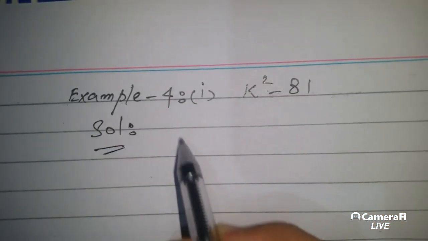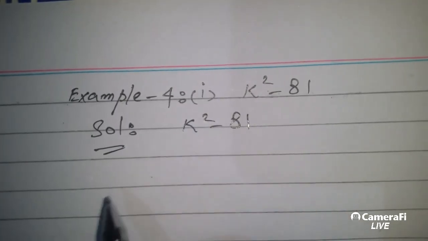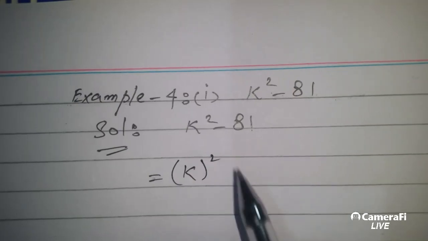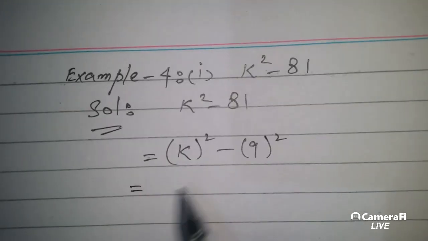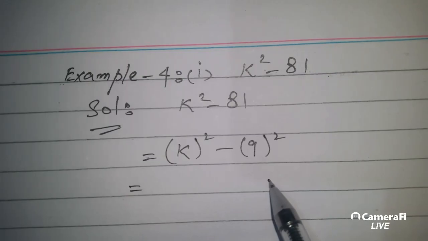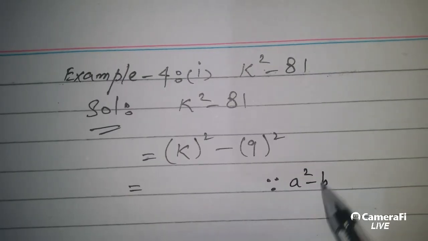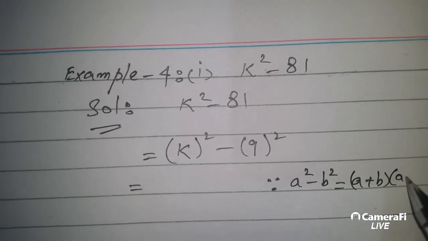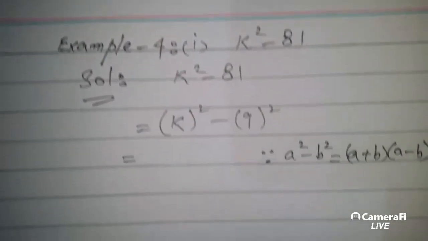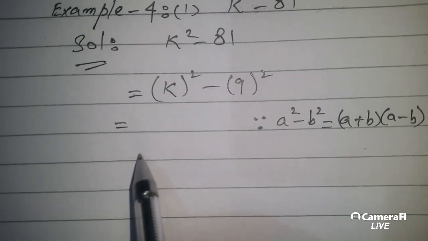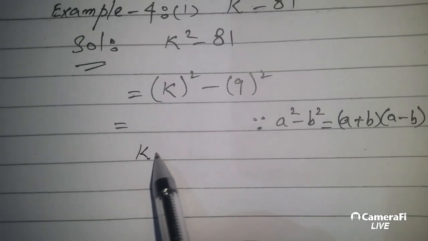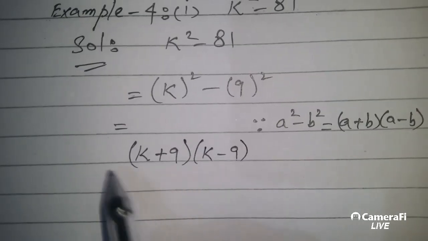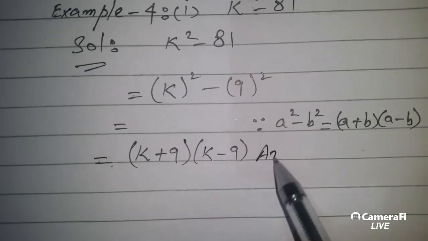So here k square minus 81, we can write it as, we can apply the formula a square minus b square is equal to a plus b into a minus b. Like this, and the question is over.